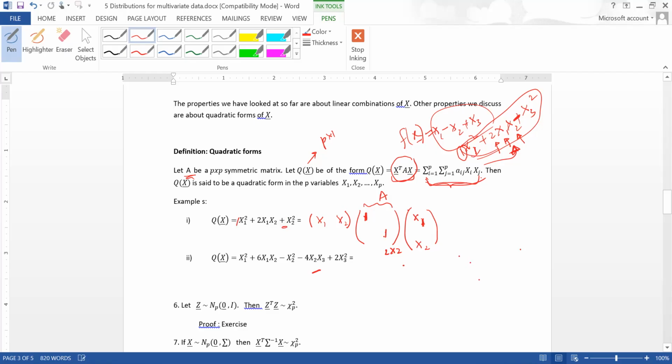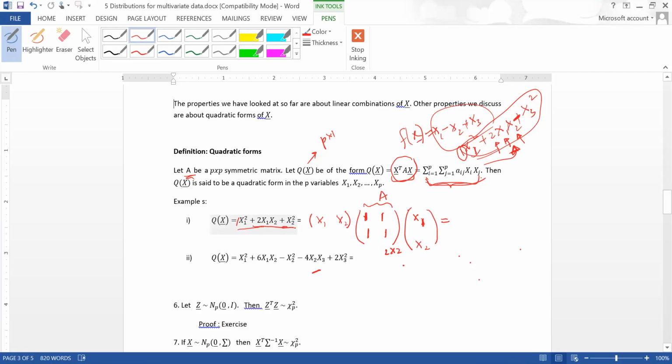Then the off-diagonal elements, you get the x1x2 coefficient divided by 2. You always have to divide the x1x2 coefficient by 2. So it's positive 2, and this should also be 1.